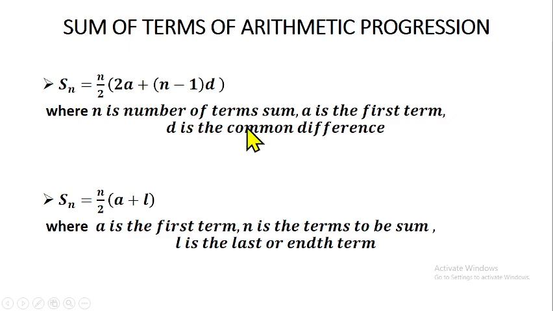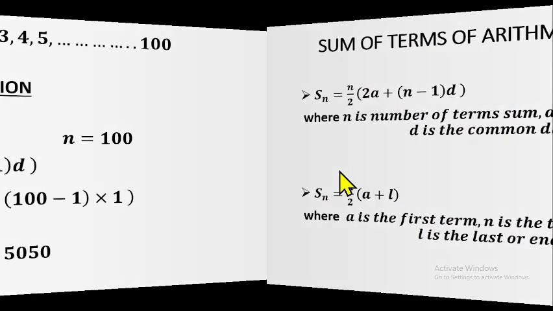If I don't know the last term, then I need to use the other formula. They both mean the same thing, literally. Do we understand that? Let's see how we can use this quickly.